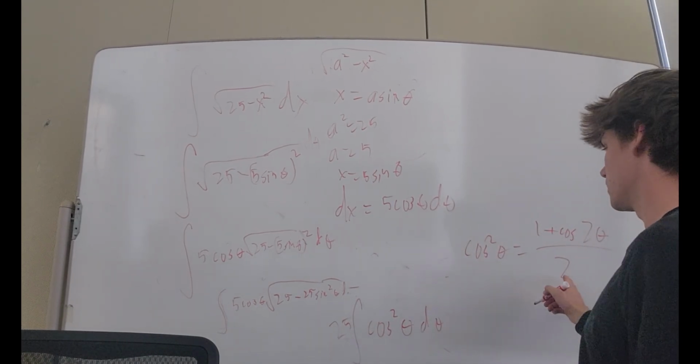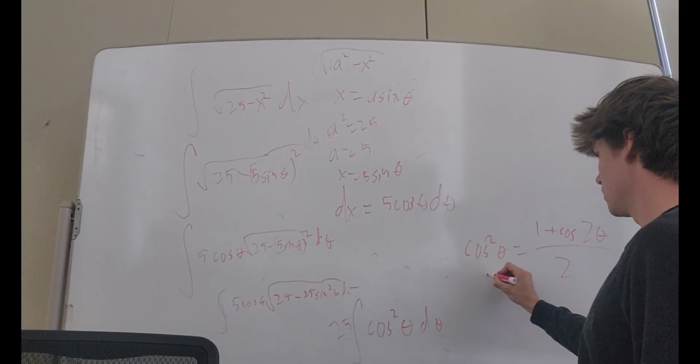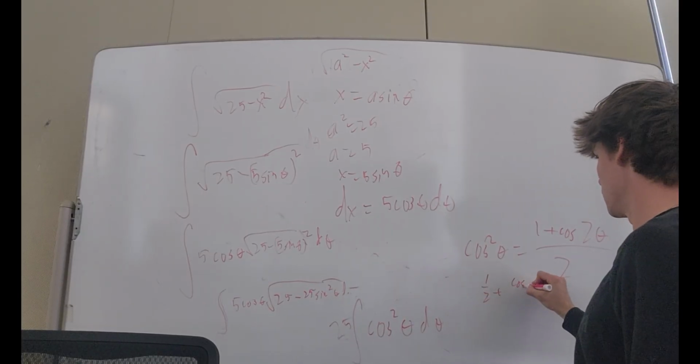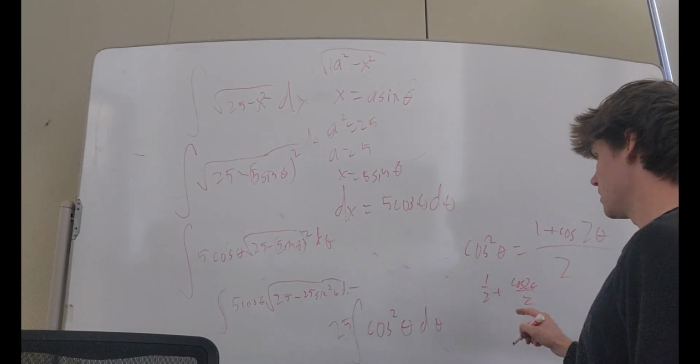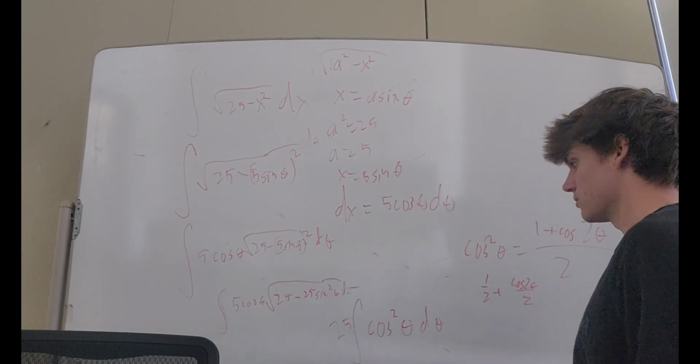So now this can be rewritten as 1/2 plus cosine of 2 theta over 2. And when you have an addition here, we can split it up into separate integrals.